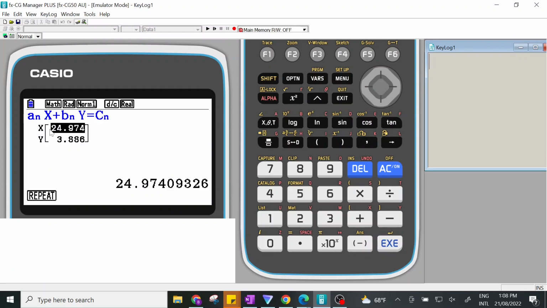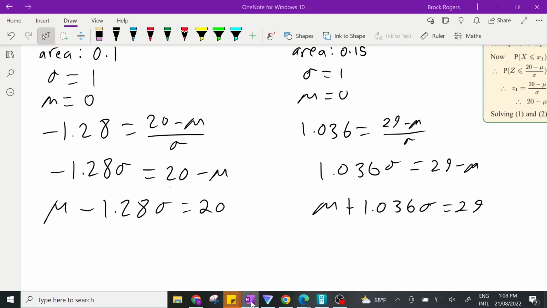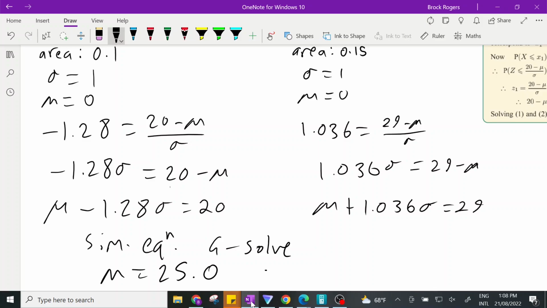Okay, we have a mean of 24.97. Standard deviation of 3.886. So they will round up to 25.0 and 3.89. So sim equation, solve, graphics calculator solve, mean is 25.0, standard deviation was 3.90.